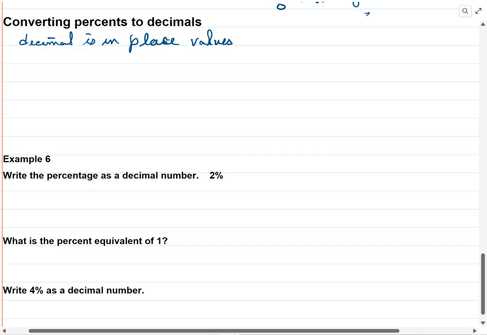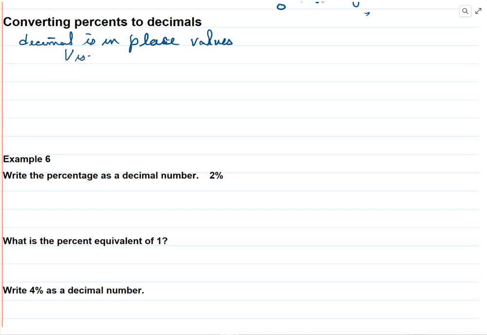Okay, to get percents to decimal, there are two ways. It depends what school you came from. This is visual decimal movement. So if I have a percent, say I have 55%, I cross out the percent and I put a decimal and move it 2 places to the left.